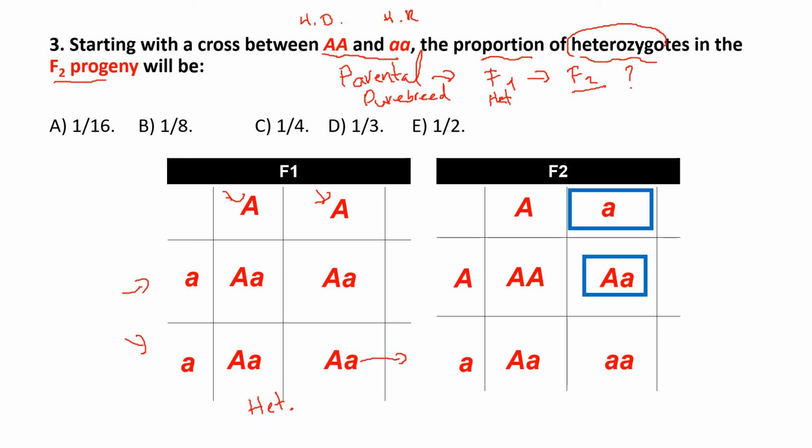And if you see here, to be heterozygous you need to have a combination of alleles that are dominant and recessive, and the answer will be these two. So you will have 2 out of 4, so it will be 50%, or 1 out of 2, so the answer will be E. So it's very easy, and if you have any question, just let me know.